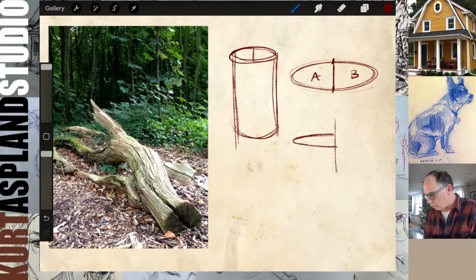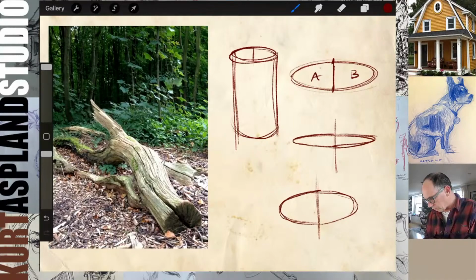There's that. Now I'm going to try and be perfectly reflective of that, like that, you see? And if I draw another one, here's the axis, but this one I'm going to make a little bit wider. You see, A is reflective of B, right across that minor axis.